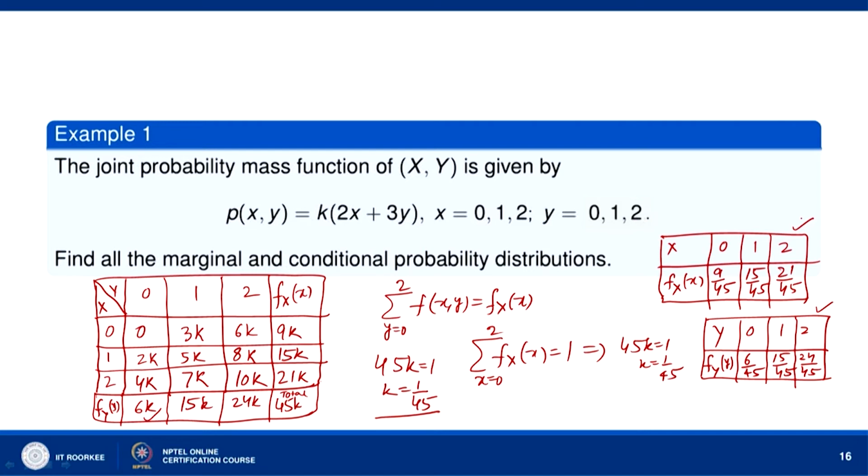Now let us find conditional probability distributions. Conditional probability distributions means we have to find f(x given y).